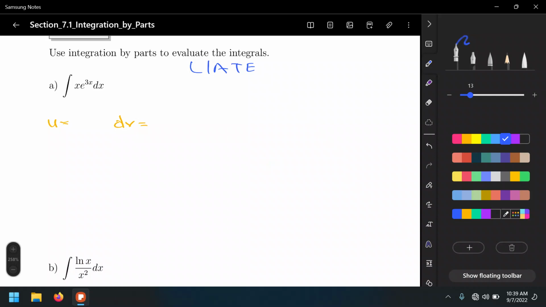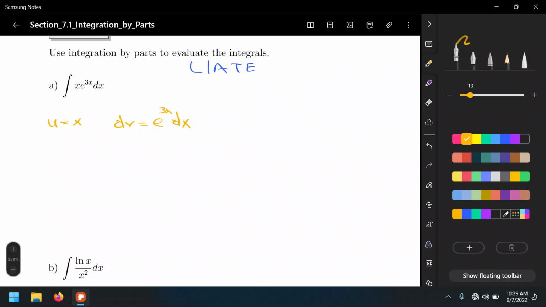Okay, I. Do we have inverse trigonometric functions? No. Do we have, what's A? Algebraic function. Do we have any algebraic functions? In this case is x. Okay, well, that being said, x is the U part. The remaining part of the integrand, including the dx, will be the dv part. So what are we going to do? The U differentiated, the dv integrated.